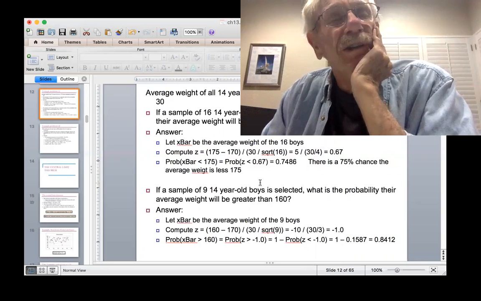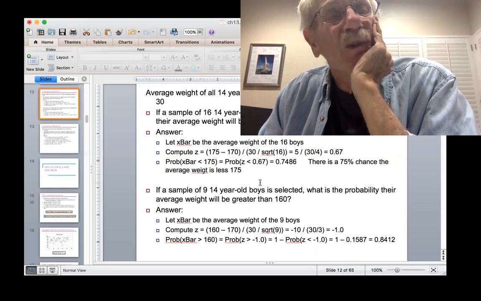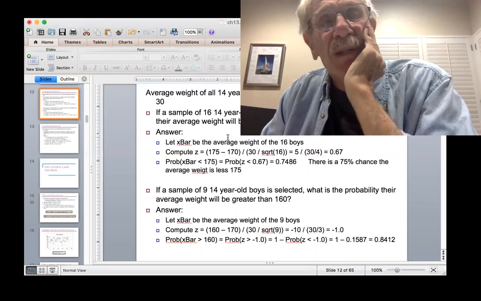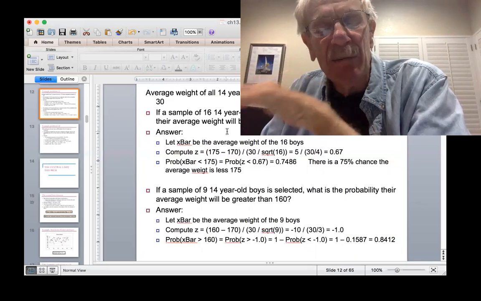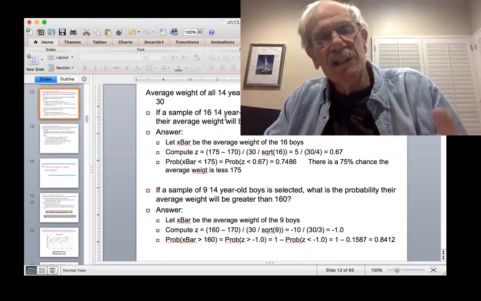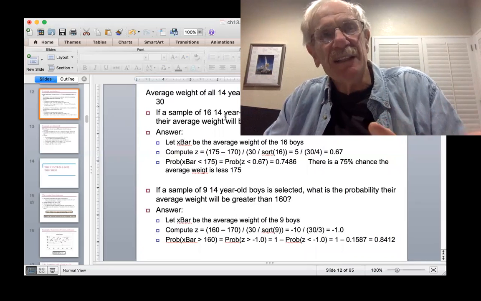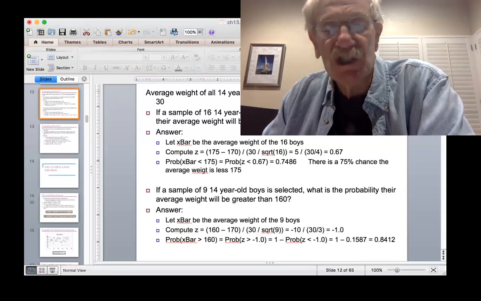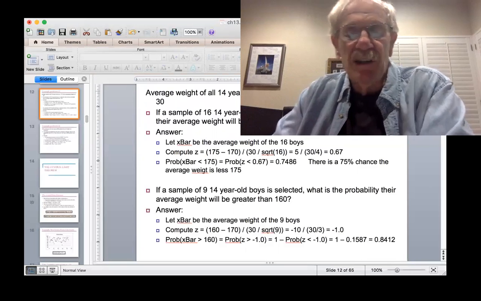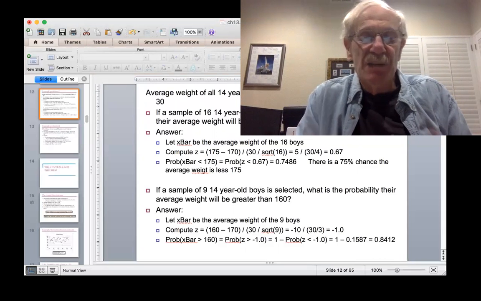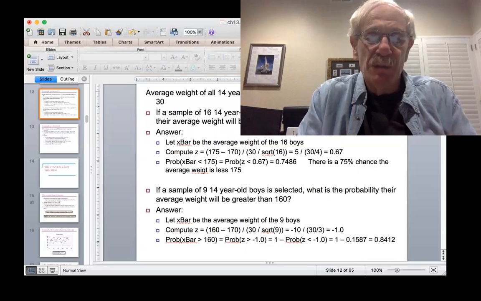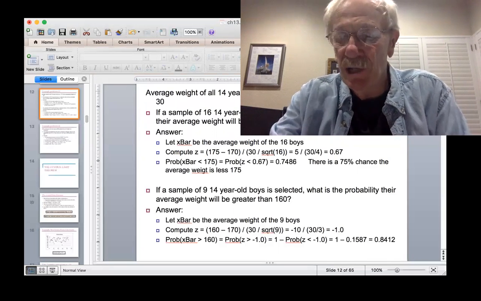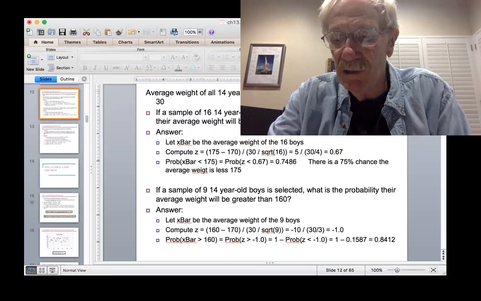Well, in order to solve the problems on the quizzes, like I said, they have lots of words in them. But the way to do that, in my mind anyway, is when you read a sentence, if it's got some data in it, like the average weight of all 14-year-old boys is 170, stop right there and say, okay, what does that mean to me? That says that mu for this population equals 170. Write that down as an equation: mu equals 170.